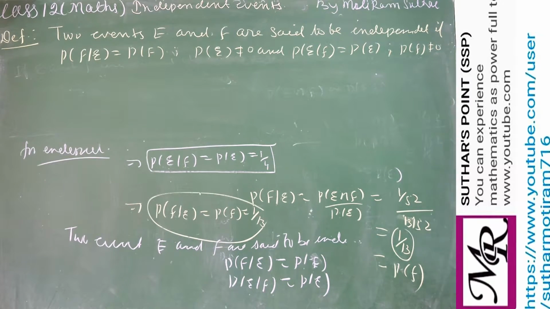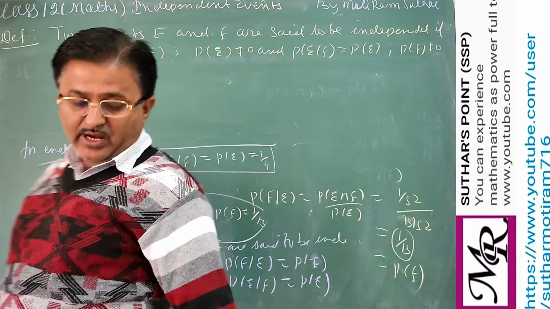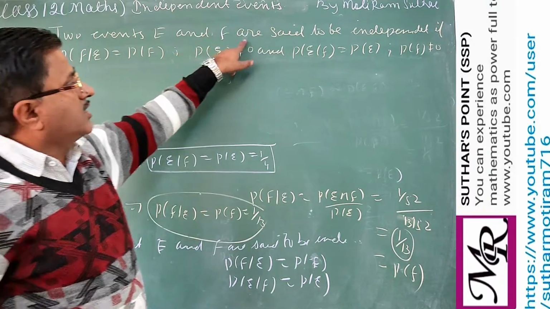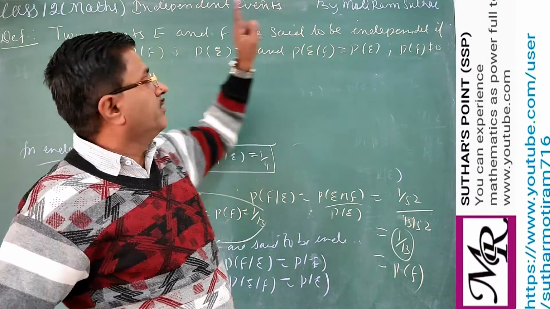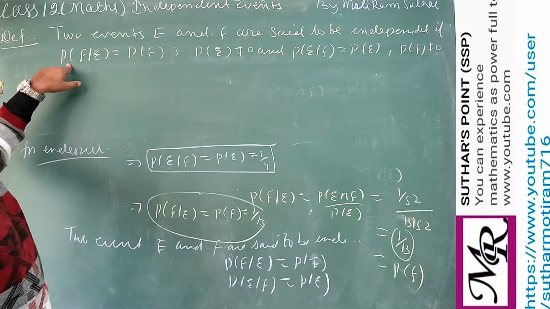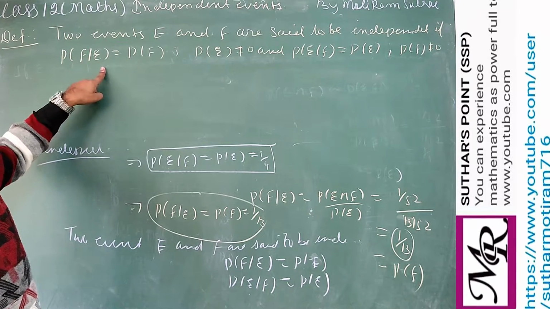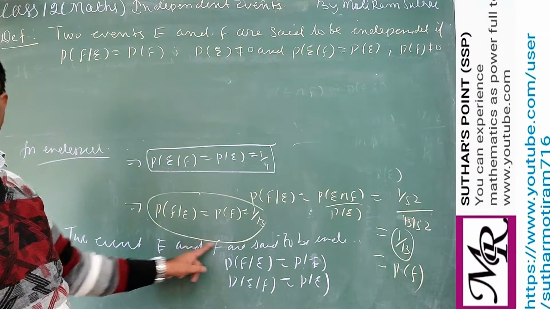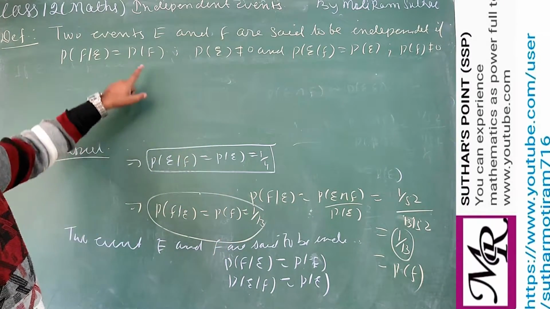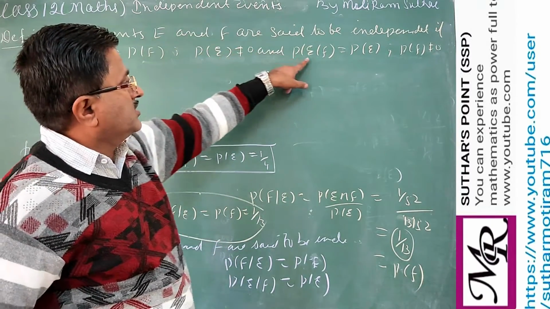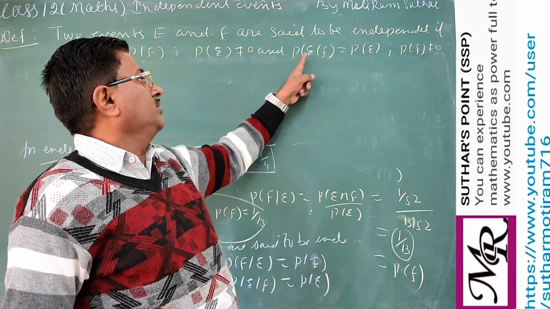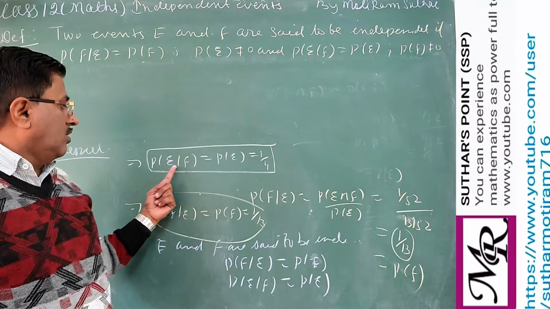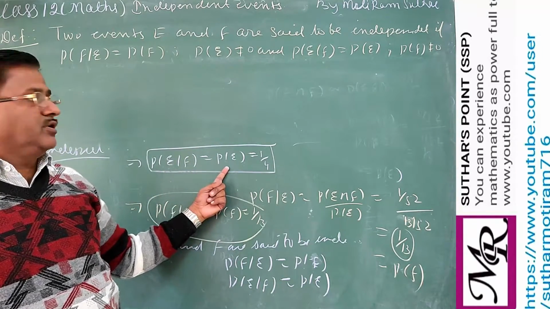So first, we write the definition for independent events. Two events E and F are said to be independent if the probability of F given E equals P(F), which we saw with the help of the example in the previous case, and also we proved that P(E|F) equals P(E).